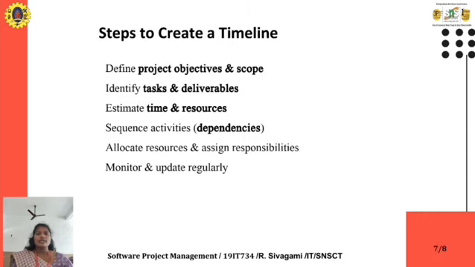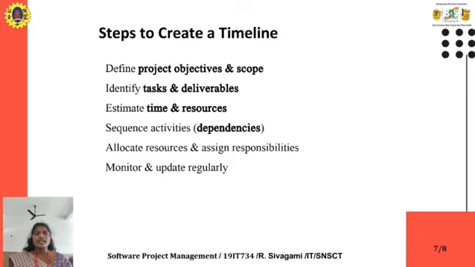The next one is steps to create a timeline. The first is to define the project objectives and scope. Before we start our project, we should define our project scope and what the objectives of this project are.